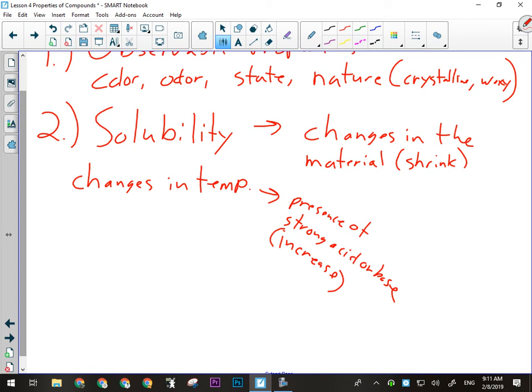So it's always safer to go that way: add the material to the water, not the other way around. So if there's an increase in temperature, that can indicate a strong acid or a strong base. A decrease in temperature can indicate the presence of NH4.